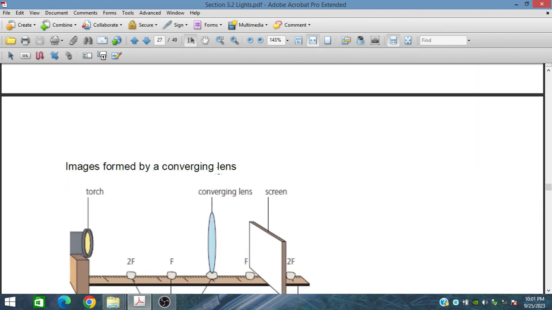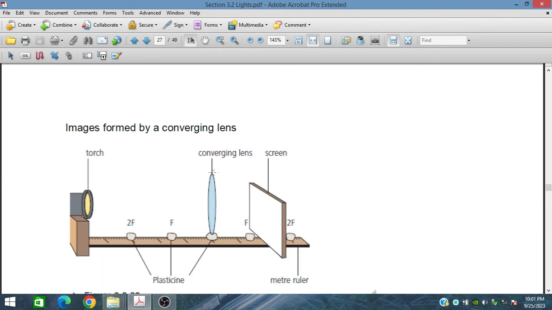Now, images formed by a converging lens, a convex lens. Here we have a torch and here a converging lens.